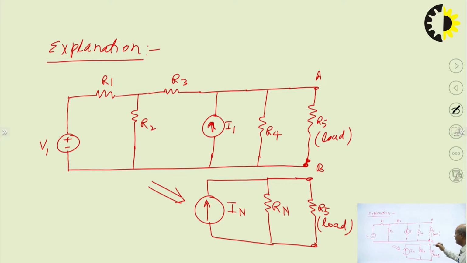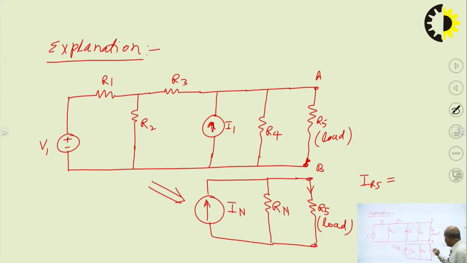Now we can very easily calculate this current. Suppose the current in R5 is IR5. We can calculate its value by the current division rule. You have studied the current division rule. This is the total current IN flowing in this circuit, and there are two resistances, Rn and R5.